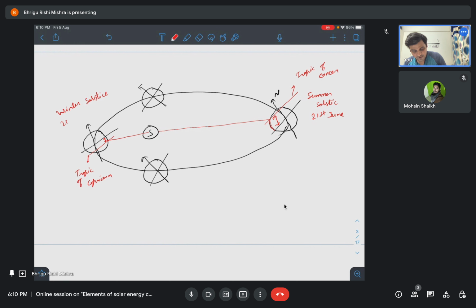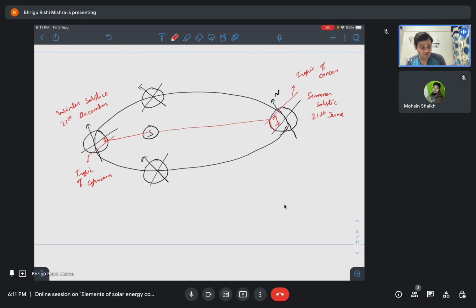It happens on 21st December. Beyond this line in the south direction, Sun rays will never be incident perpendicular on the Earth's surface. So these two are the extreme positions.